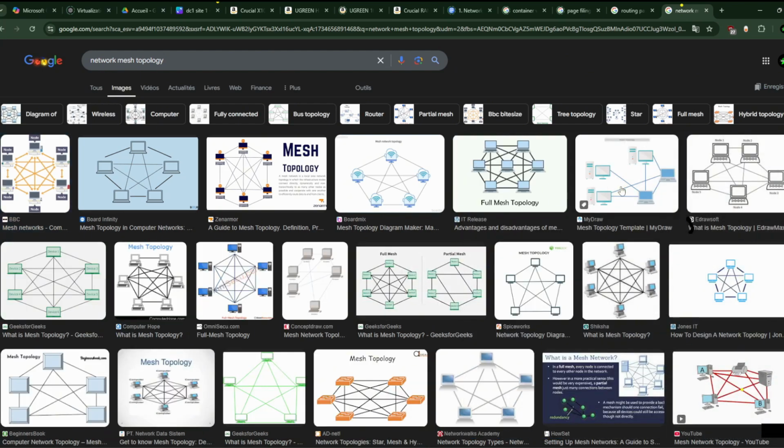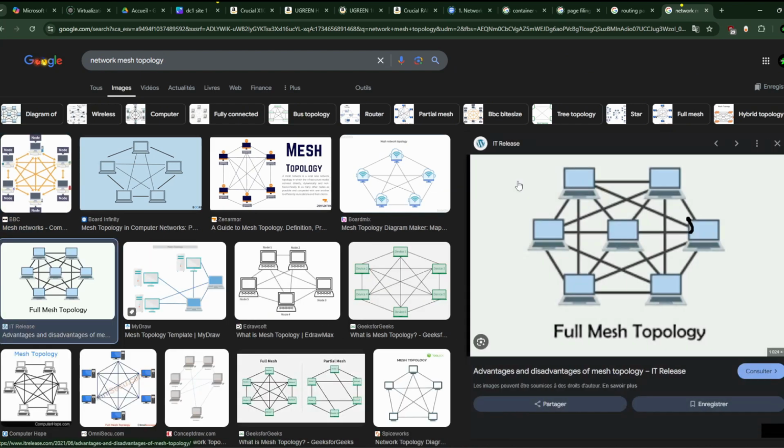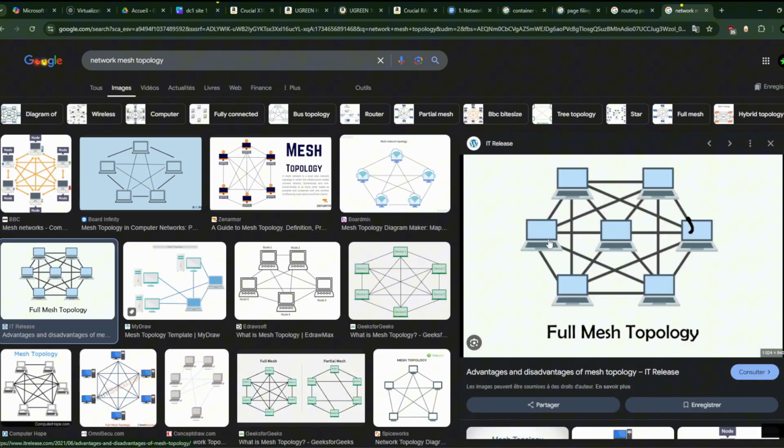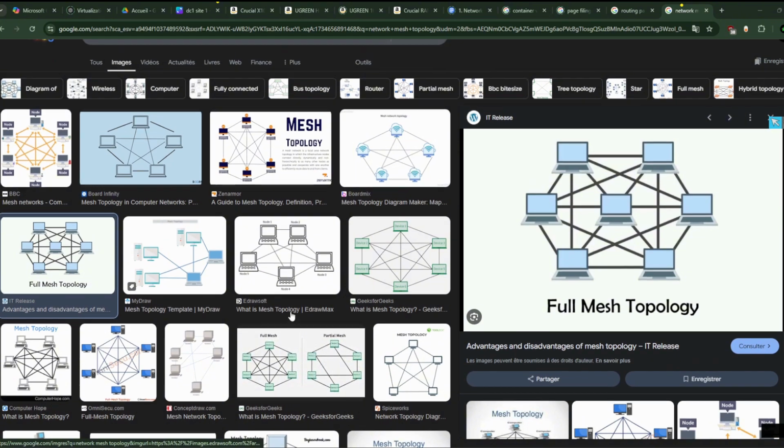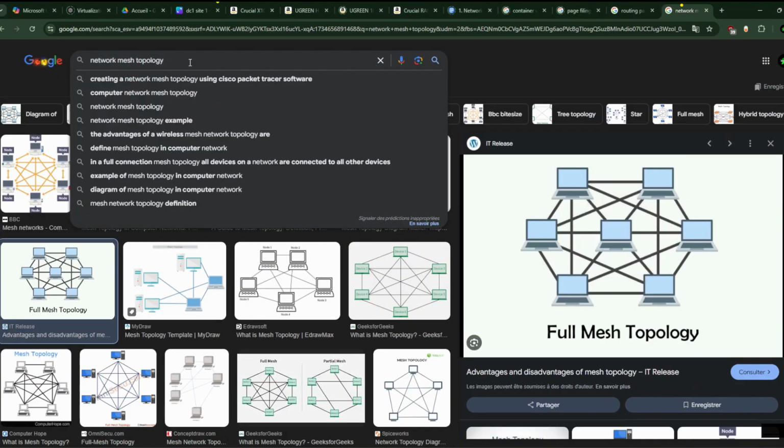But you just need to know full mesh topology. You see? Sorry, I was pointing my hand. I'm really tired. This laptop is connected to every other laptop, and the same for this one. This laptop is connected with all other laptops. So it's what we call mesh topology.